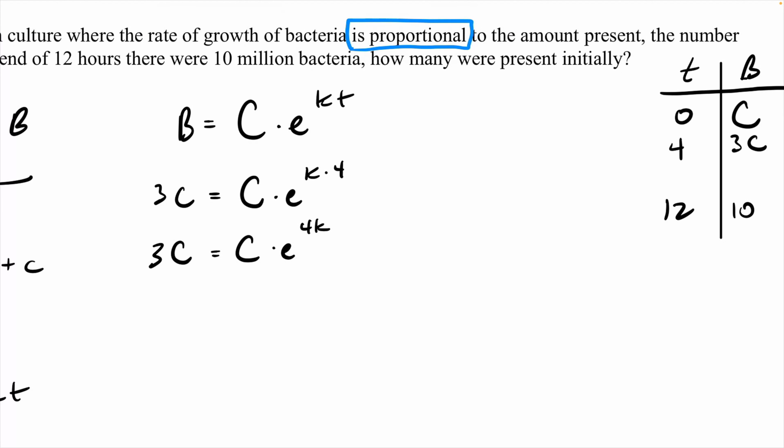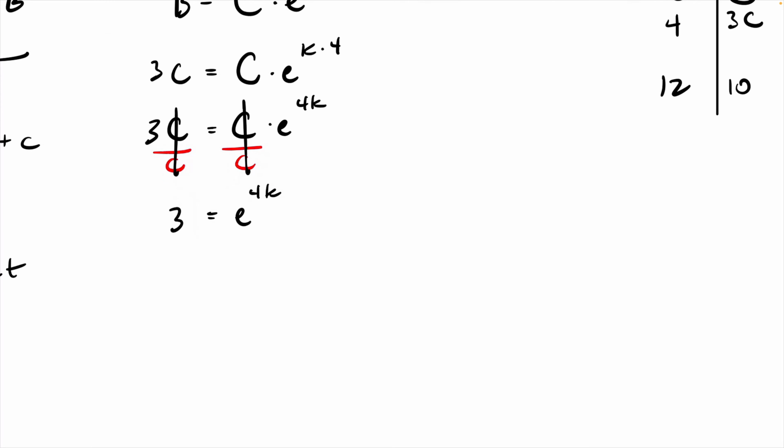Now when I divide by C, what happens? The C's cancel out, right? Change it to a log to get K down. It would be the natural log of 3 equals 4K.